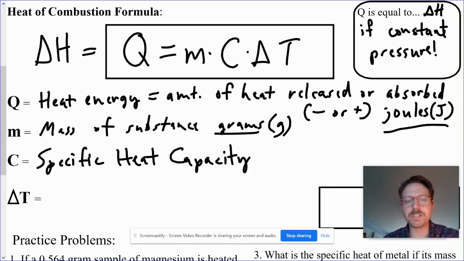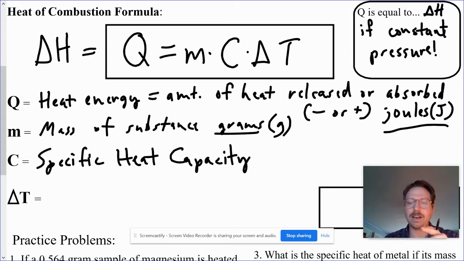If we're heating up a particular material, we want to know how much energy it takes to heat up that particular substance, of a particular amount. We're going to say a gram by 1 degree. And it's a way of comparing substance to substance.